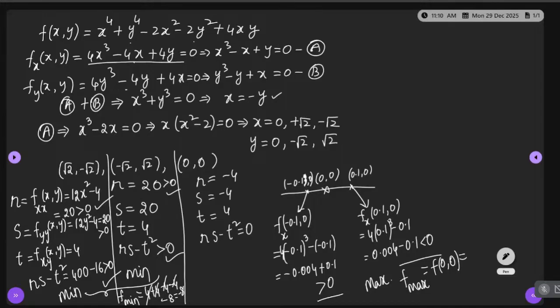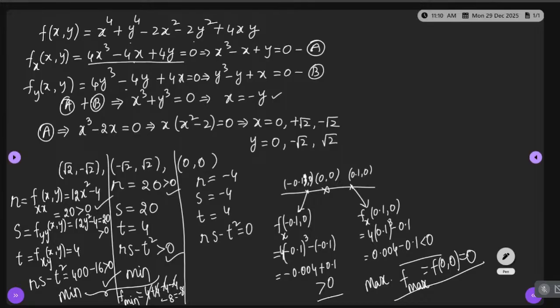What is F of 0, 0? 0. Put x is 0, y is 0. The maximum value of the given function is 0 only. Minimum is, what is minimum? Minus 8.